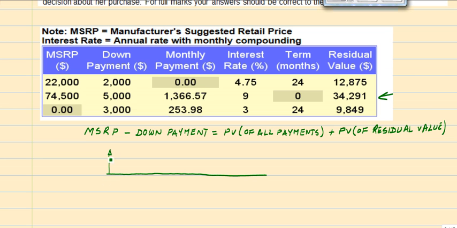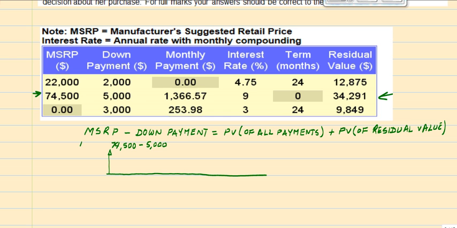So this is the amount of financing, that's 74,500 for this question, minus the down payment of 5,000.